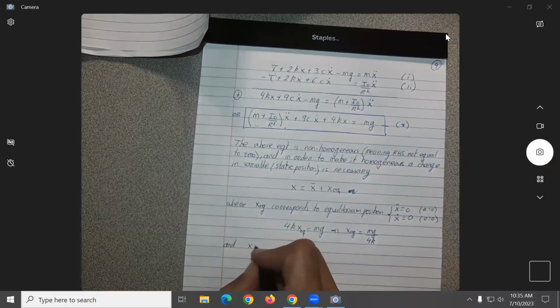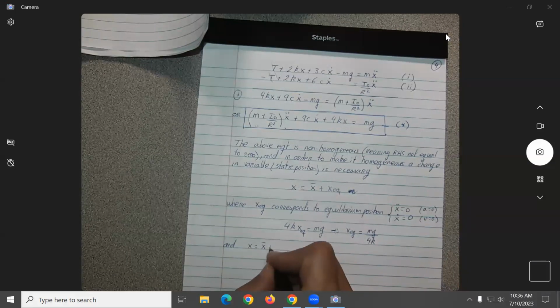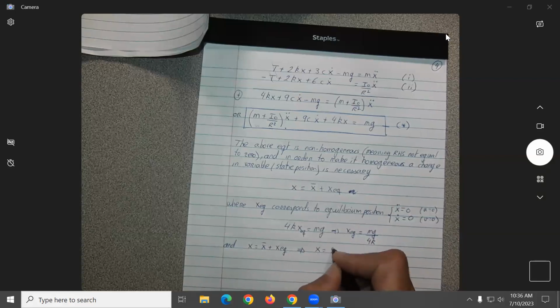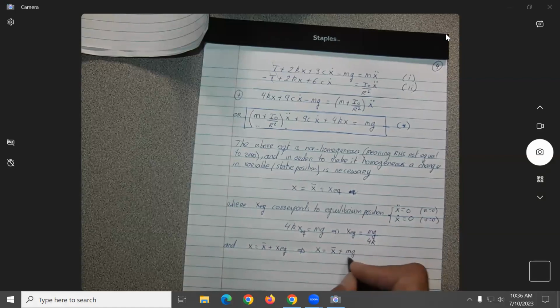And x equal x bar plus x equilibrium becomes what? x equal to x bar plus mg over 4k.